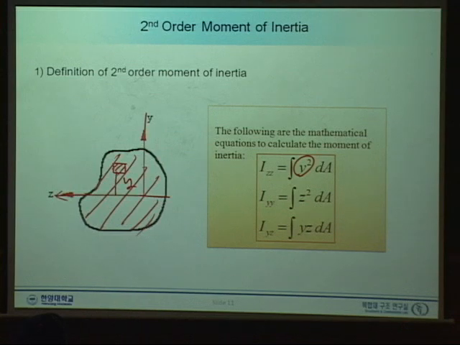And for IYY, you simply have z here, and for IYZ, you multiply y and z. That is usually called the product moment of inertia. This is the third one.